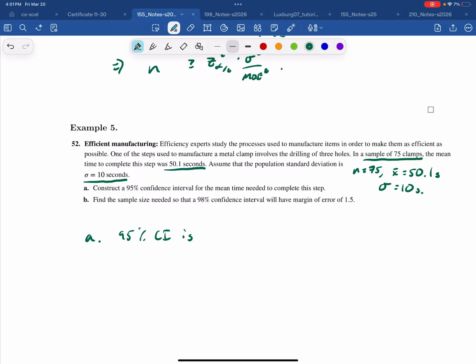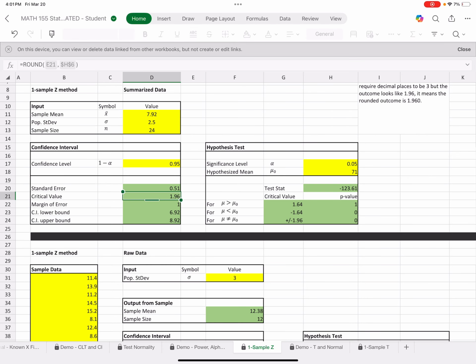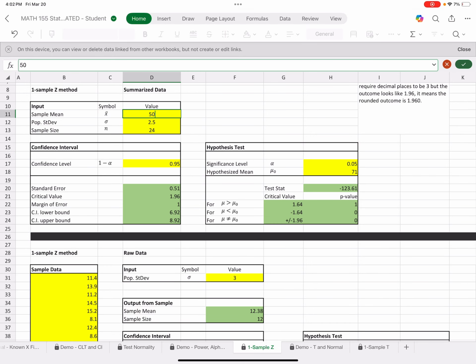So again, this is just putting stuff into Excel. Remember to go to your one sample Z. Make sure we're set at 95. We are. This was 50.1. This was 10. And this was 75.